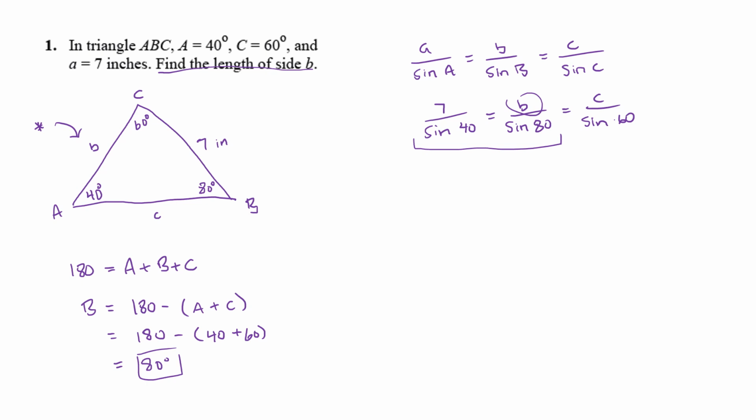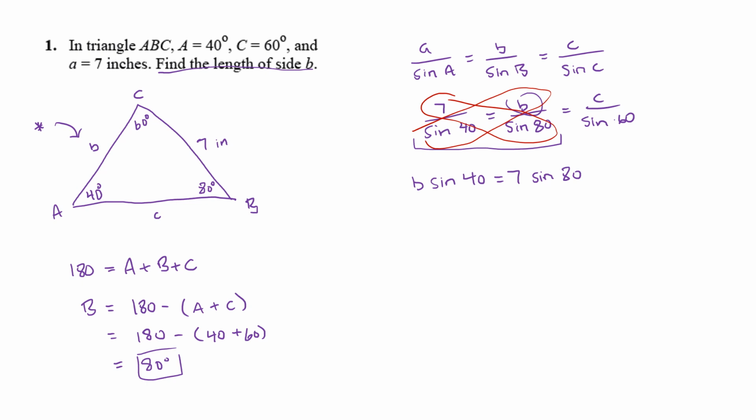So since we have two ratios, we can cross multiply to help us find the value of B. So we have B times the sine of 40 equals 7 times the sine of 80.